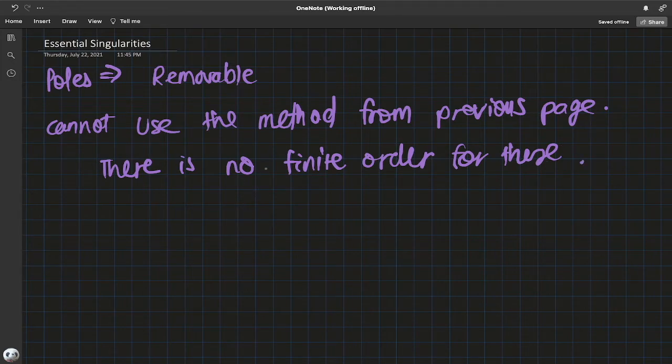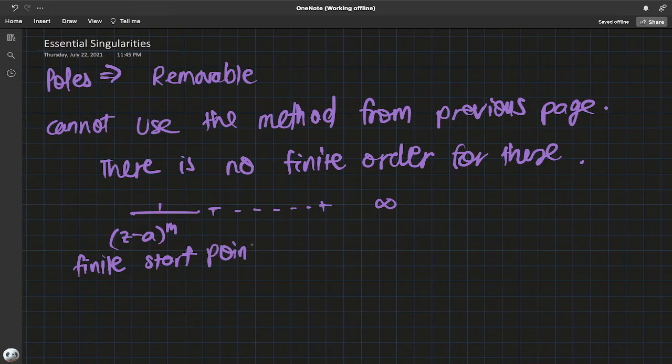And what I mean by that is, the entire thing about a pole was that its Laurent series had a smallest power for this z minus a factor, and then the positive powers just went till infinity anyways, but it had a finite start point and the end point was at infinity, if it even existed, because in the first two examples that we did very first, they didn't exist.